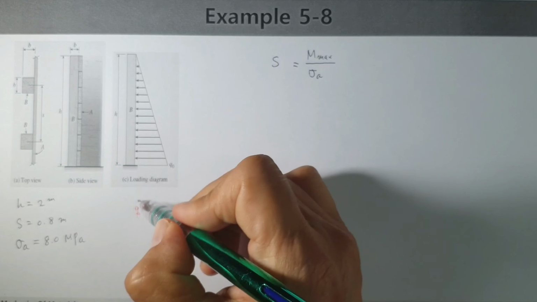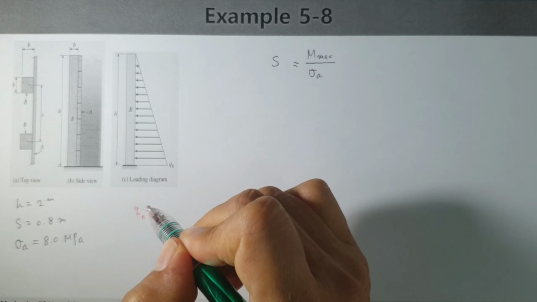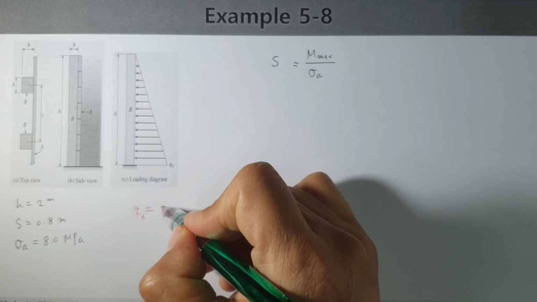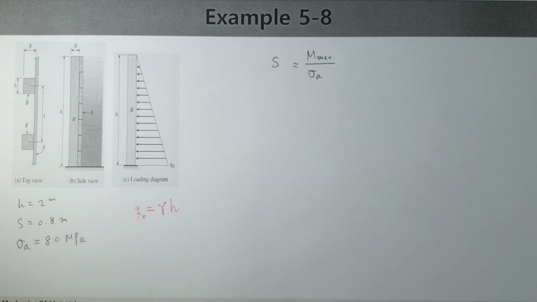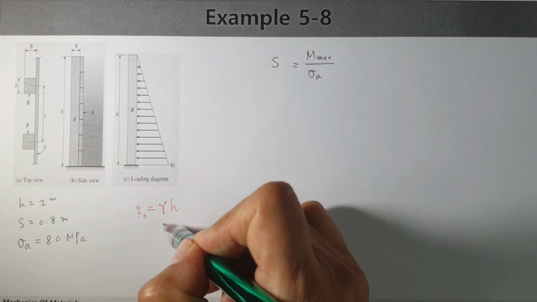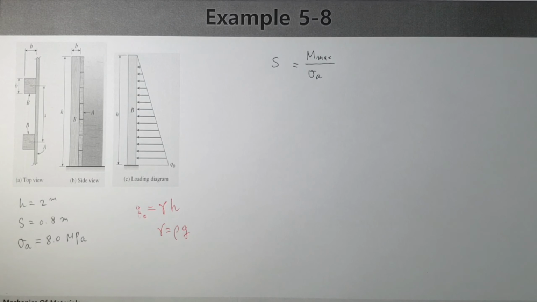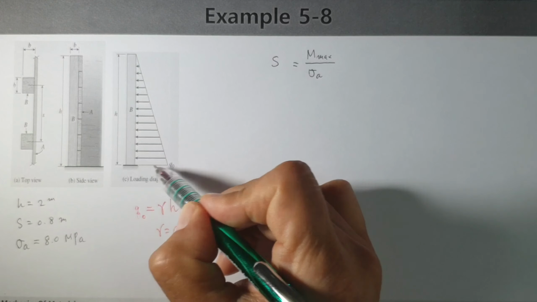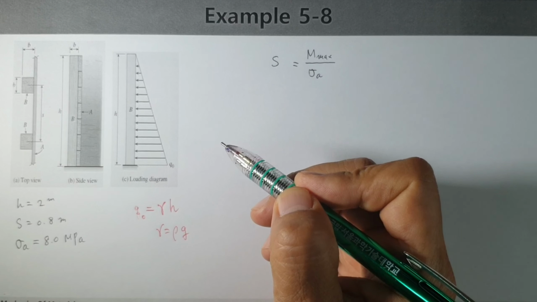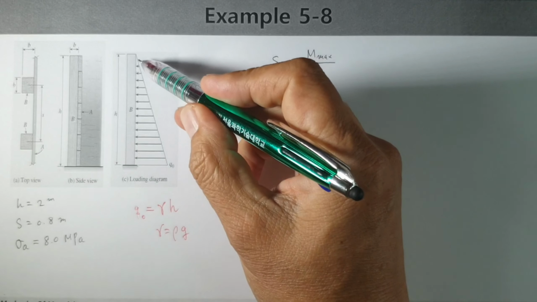Then you can say q0 equals gamma H. Gamma is the weight density, gamma equals rho g, where rho is density and g is gravitational acceleration. q0 is acting this way at this point, and the force is distributed like this.